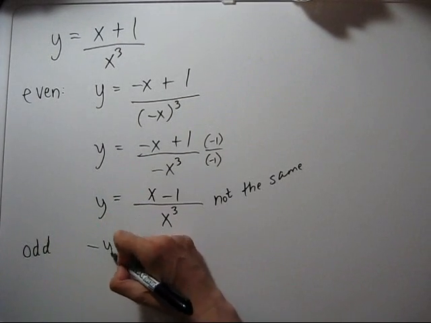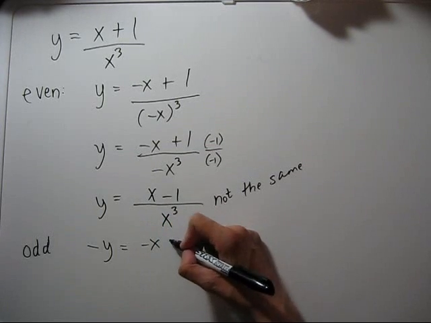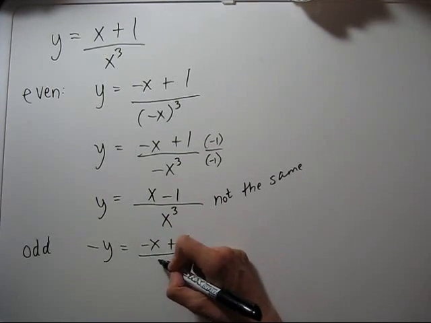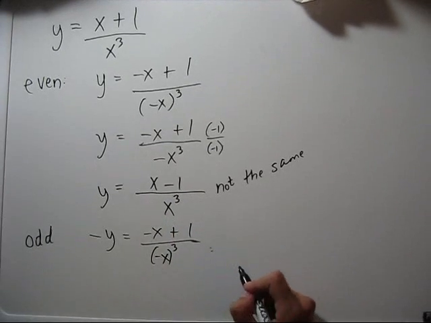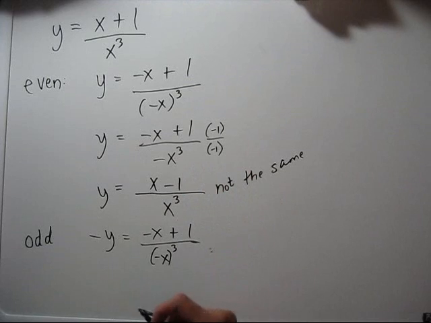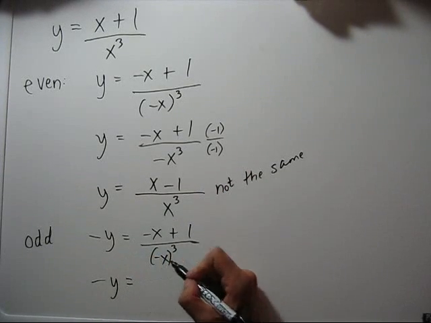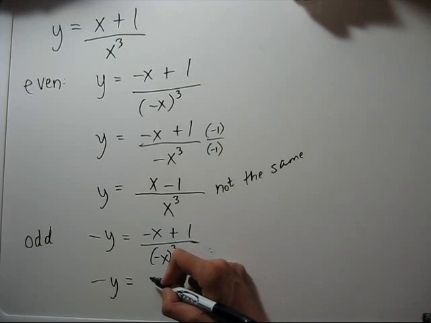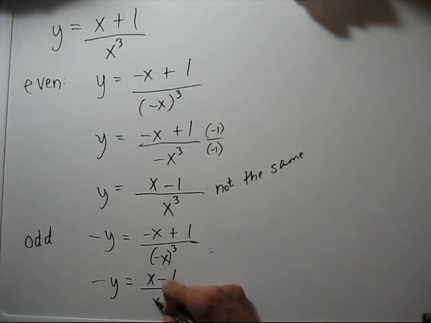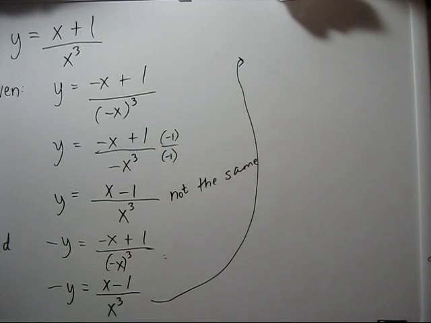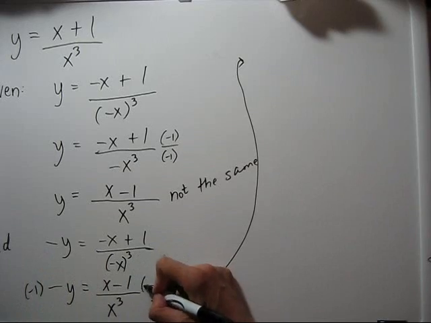Now let's test odd. Okay, replace y with negative y and x with negative x. Okay, so we already did our right hand side. So we have negative y equals x minus 1 over x cubed. Let's multiply both sides by a negative 1.